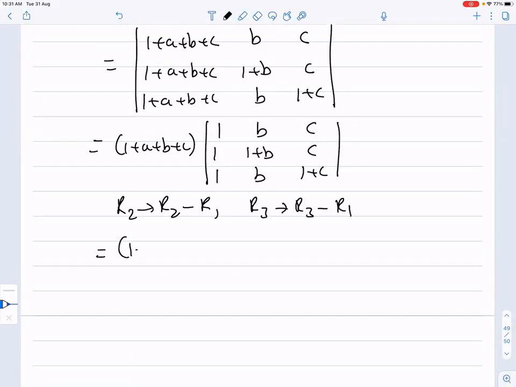So that will result in 1 plus A plus B plus C, R1 unchanged, R2 will be 1 minus 1, 0, 1 plus B minus B, only 1, C minus C, 0. Now 1 minus 1, 0, B minus B, 0, 1 plus C minus C, 1. Is it clear?